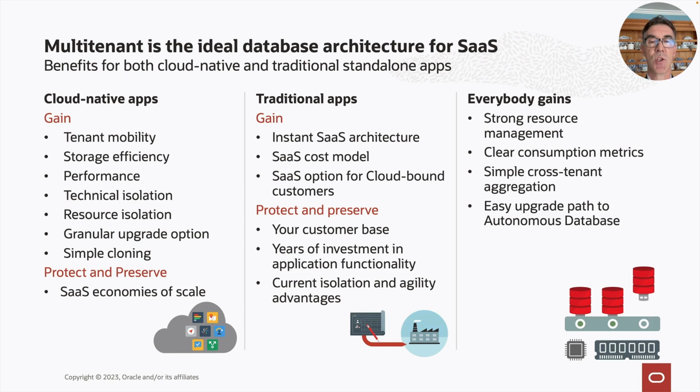Everybody gains strong resource management, clear consumption metrics, simple cross-tenant aggregation, an easy upgrade path to Autonomous Database. No longer do you need to compromise. Multi-tenant delivers isolation and agility with economies of scale. It is the ideal architecture for world-class SaaS.